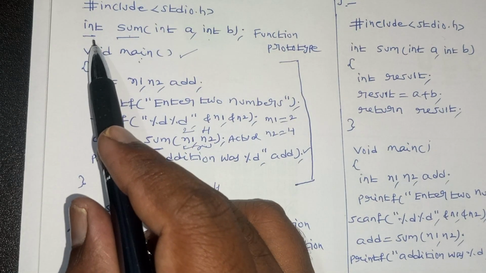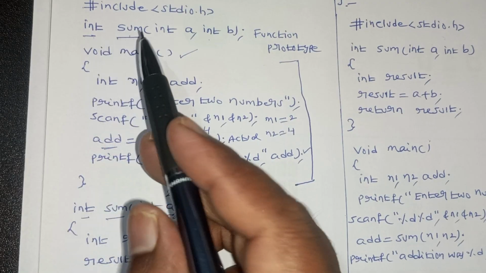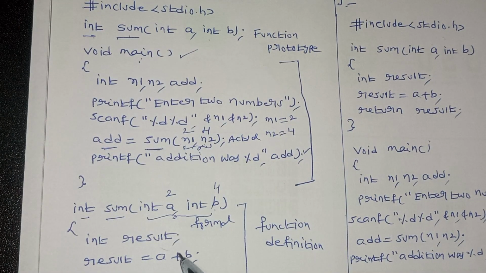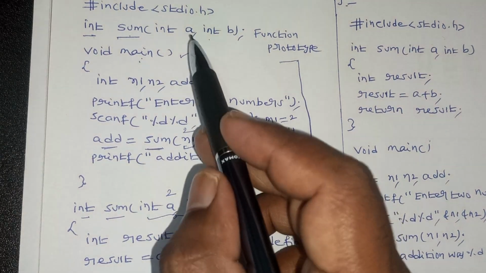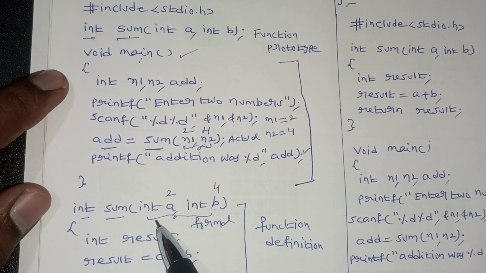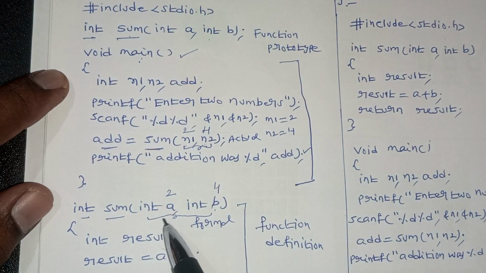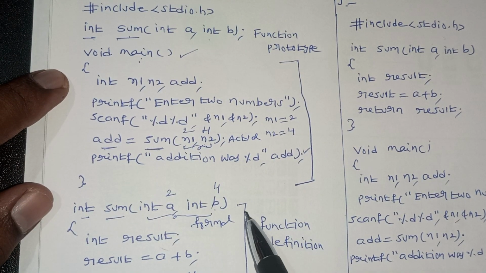Whatever the type of the function, it must be the same in both places. So what are these? These are called the formal parameters. Now we see here int a, int b. If you write float a, float b, where you wrote int a, int b, that is wrong. That is one thing you have to make a note of.